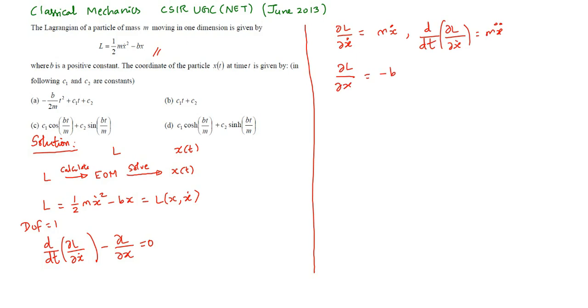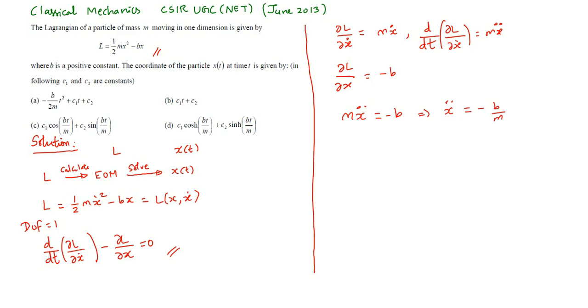On substituting, we get m x double dot is equal to minus b. Since b is a positive constant, x double dot, the acceleration, is equal to minus b by m, which is a constant. So this is a constant acceleration case.